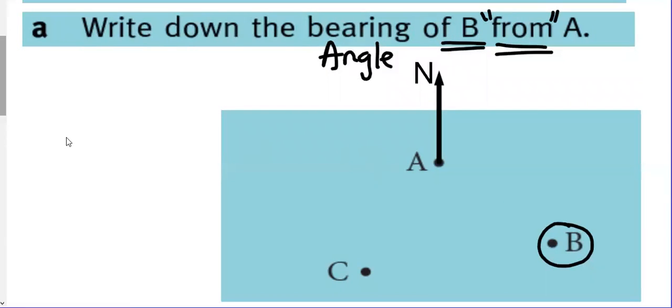That is step number one. Where is your reference point? Mark your reference point by using the north direction. So write down the bearing of this point B from A. At point A is where we draw the north direction.